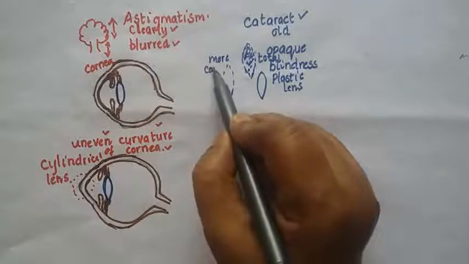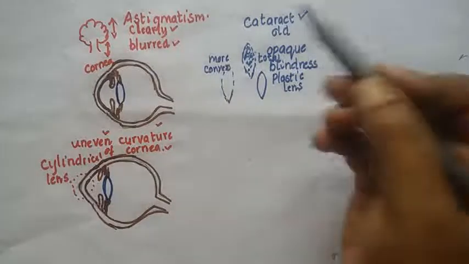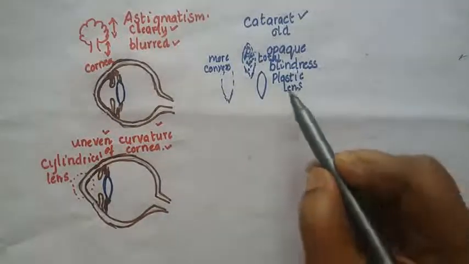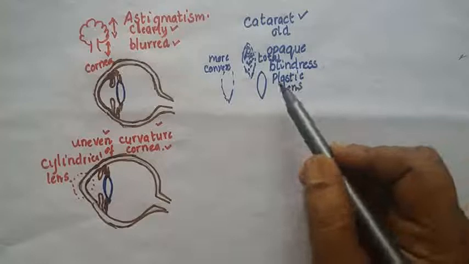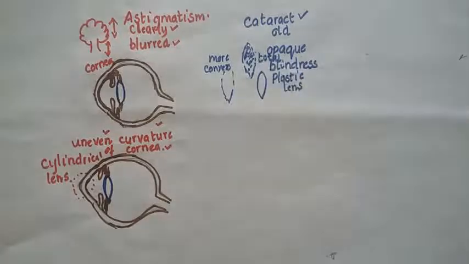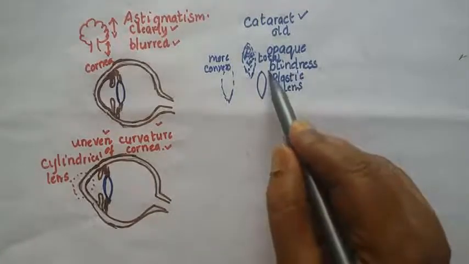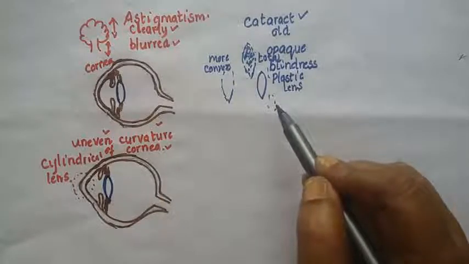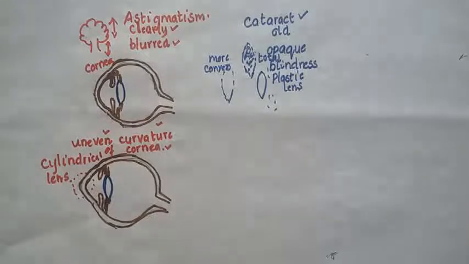He can wear the convex lens so that he can view the objects clearly. This plastic lens can be placed either in its original place or even in front of the iris. Okay, children, so this is a condition known as a cataract.